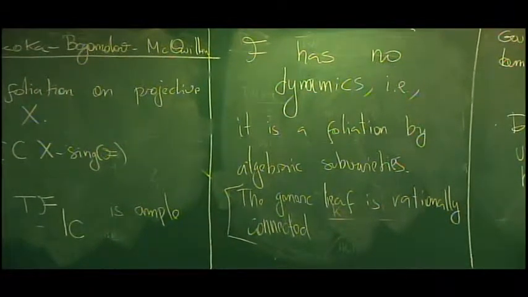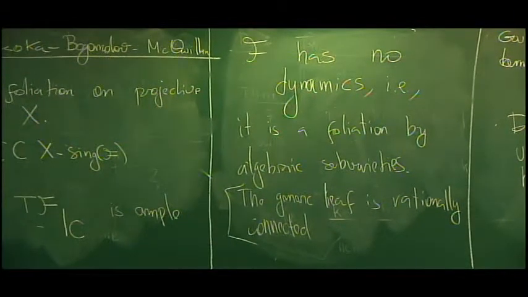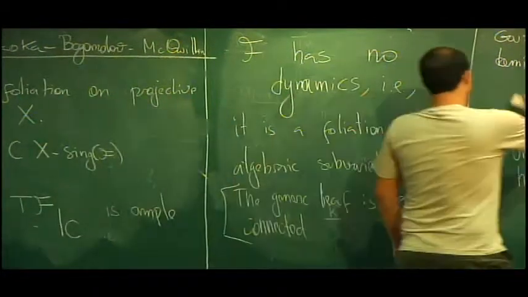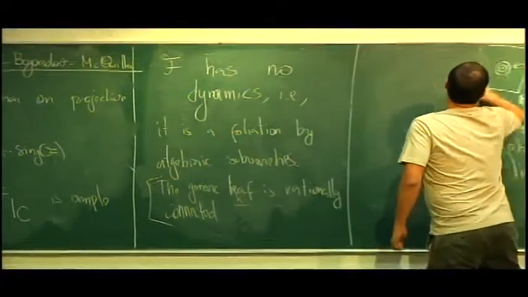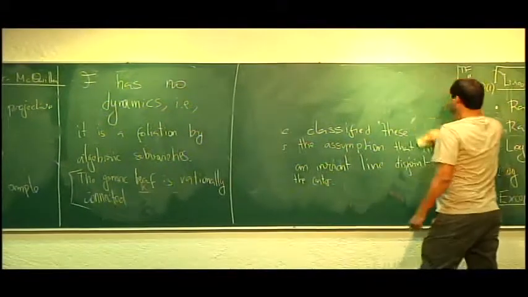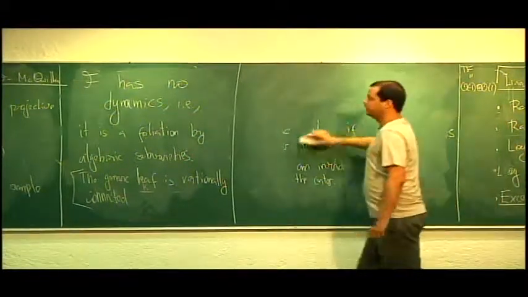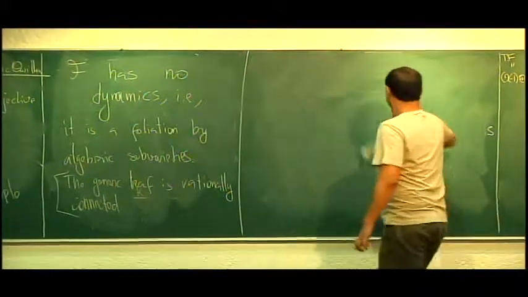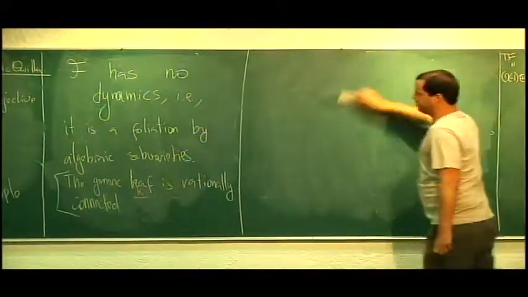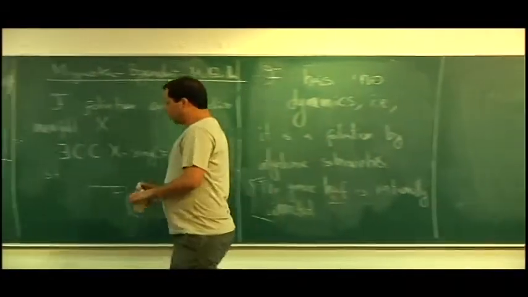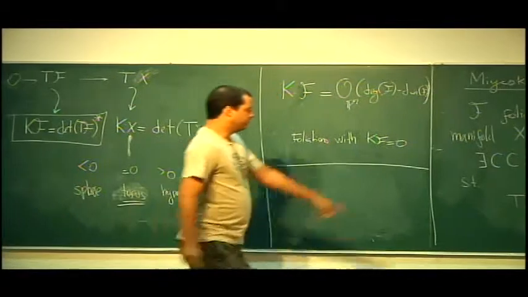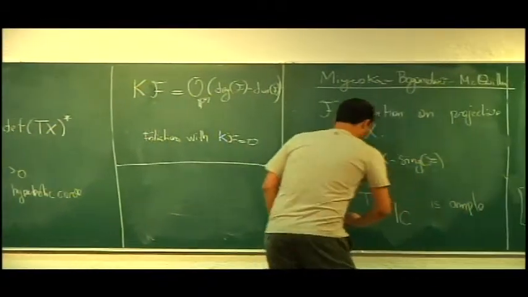It's the original proof by Bogomolov and McQuillan, and I think it's a very, very nice argument. Indeed, they prove something stronger. They don't have to impose this. But anyway, these are technicalities. But the idea is the following. Well, let's just rephrase for the analysts in the audience what this means.